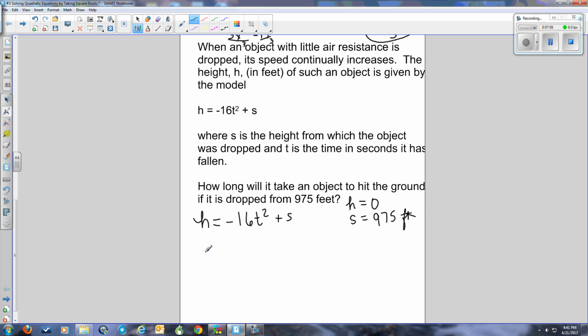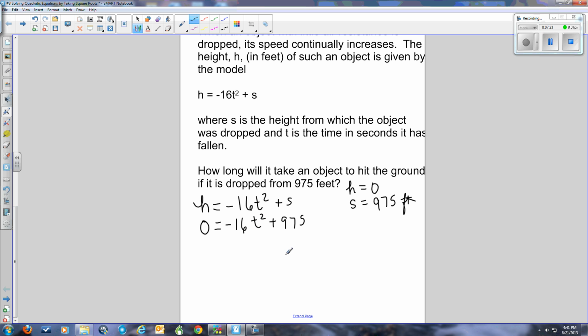So let's plug our numbers in. So we have 0 equals negative 16 t squared plus 975. Now we're going to solve for t, which will tell us how many seconds it takes for that object to hit the ground from when it was dropped at a height of 975 feet.